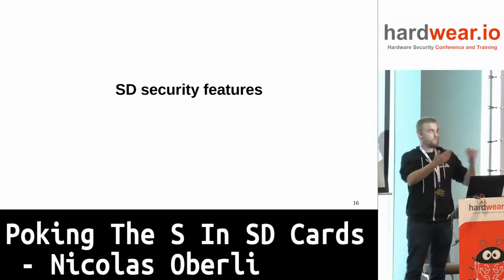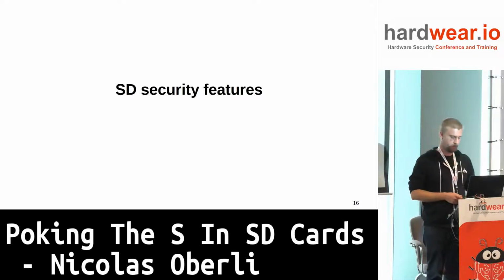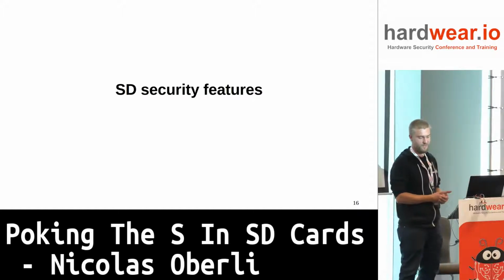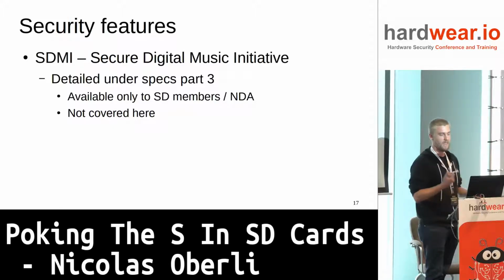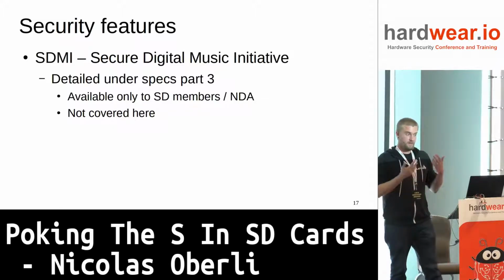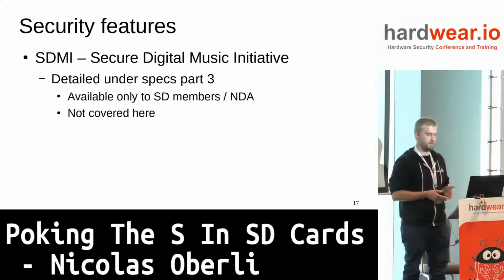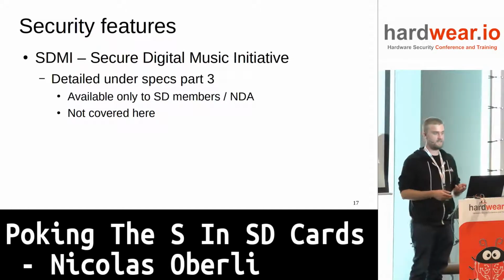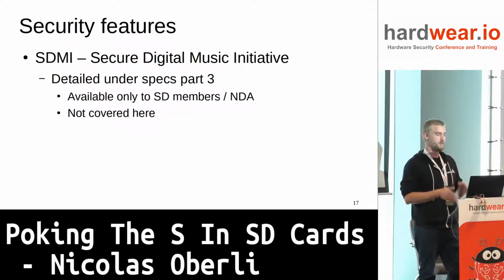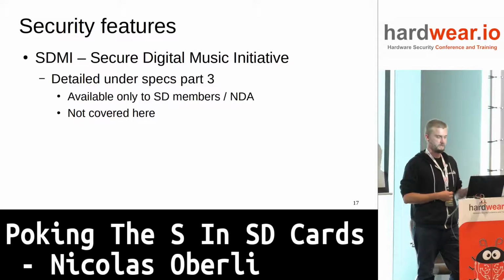So now that we are able to communicate with the cards, the next part is to do a Ctrl+F on the specs and look for security or something like this. There is a small chapter within the first document in the specs that basically says that all the security features, called SDMI, are for content protection, for music or movies and stuff like this.